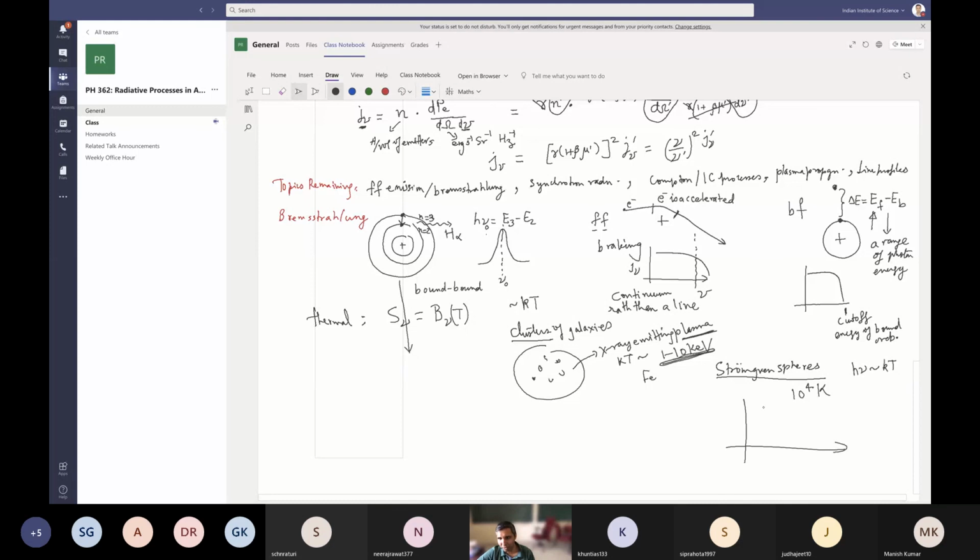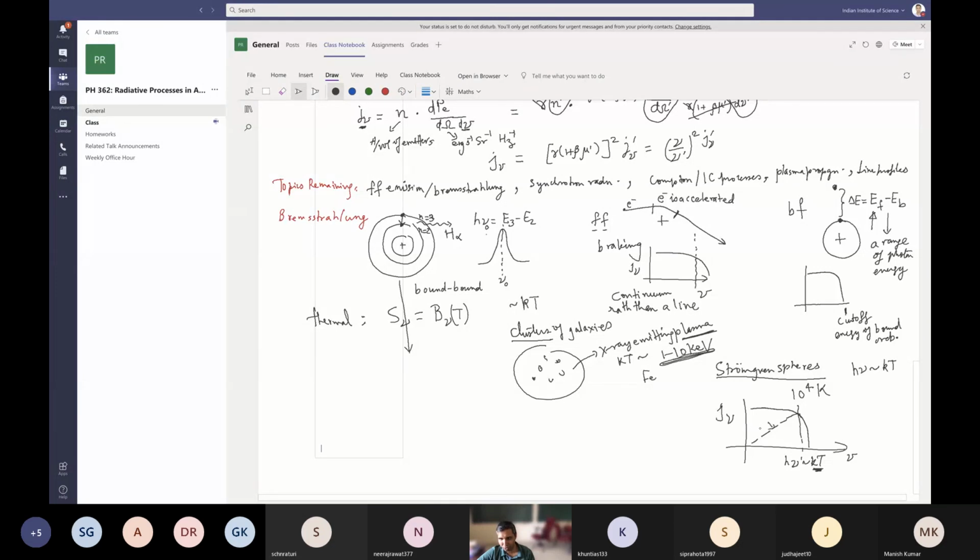The spectrum is very flat, and then there is an exponential cutoff. This is J nu versus nu, for example, emissivity. This cutoff happens at h nu of order kT, where kT is the temperature of the plasma, right? So it's sort of like black body radiation where the cutoff happens at around the temperature of the plasma, but the shape is not black body.